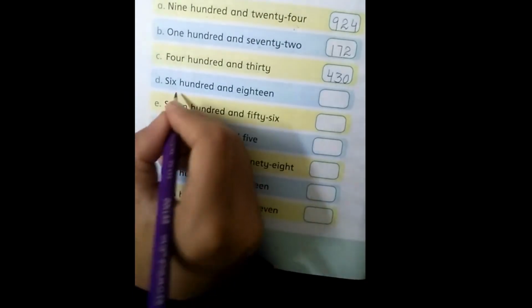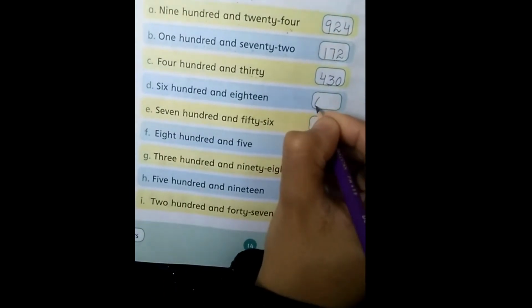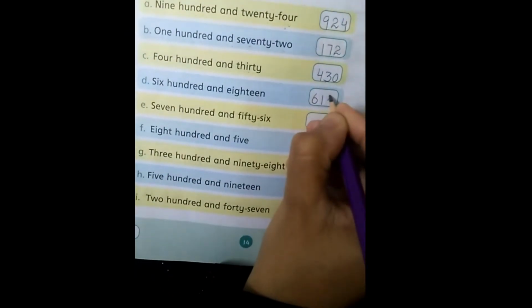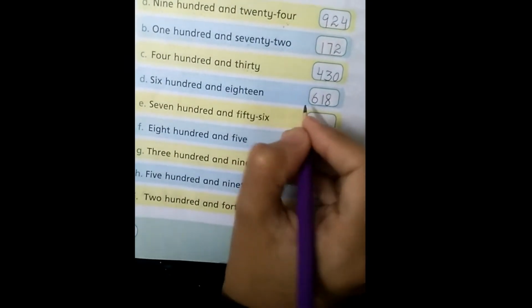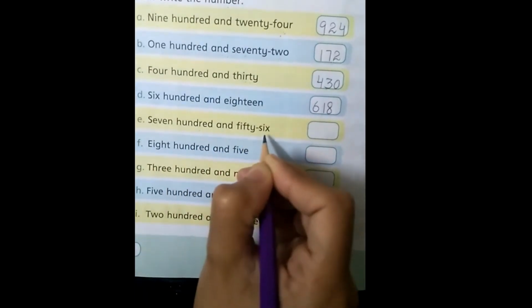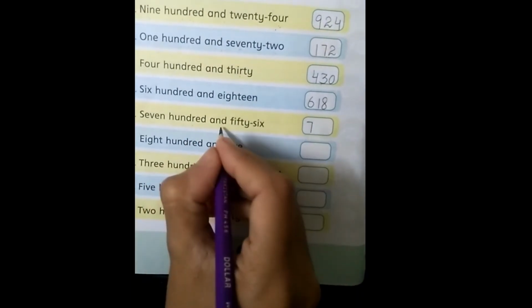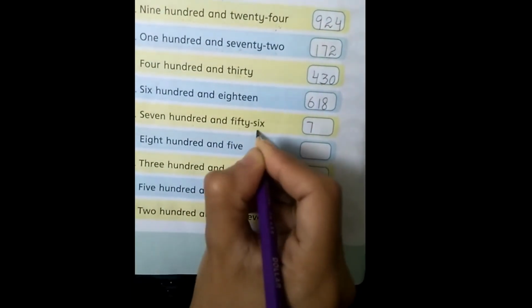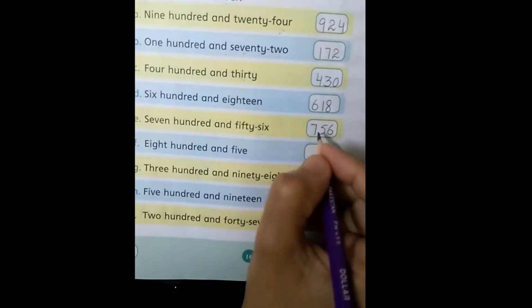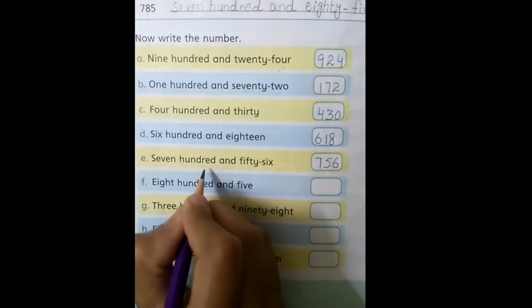Next D: 618. 600. 18. Next E: 756. 700. 56. 756. This is a number and this is a number name.